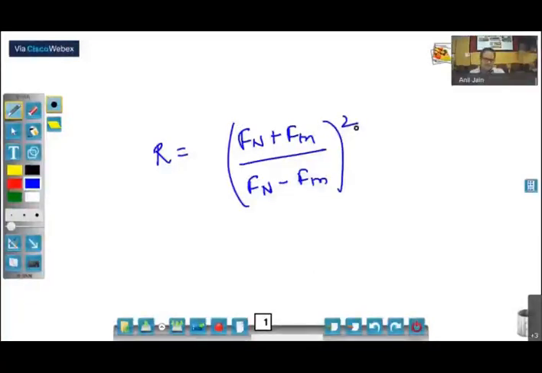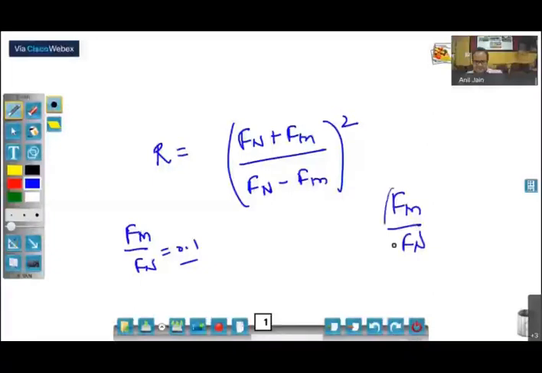This has important consequences. Suppose you are doing an experiment with a ferromagnet to determine the magnetic moment, and the moment value is quite small, so that Fm by Fn is small. When you use an unpolarized neutron beam, your enhancement in the intensity goes as the square of this, which becomes very small, like 0.01.